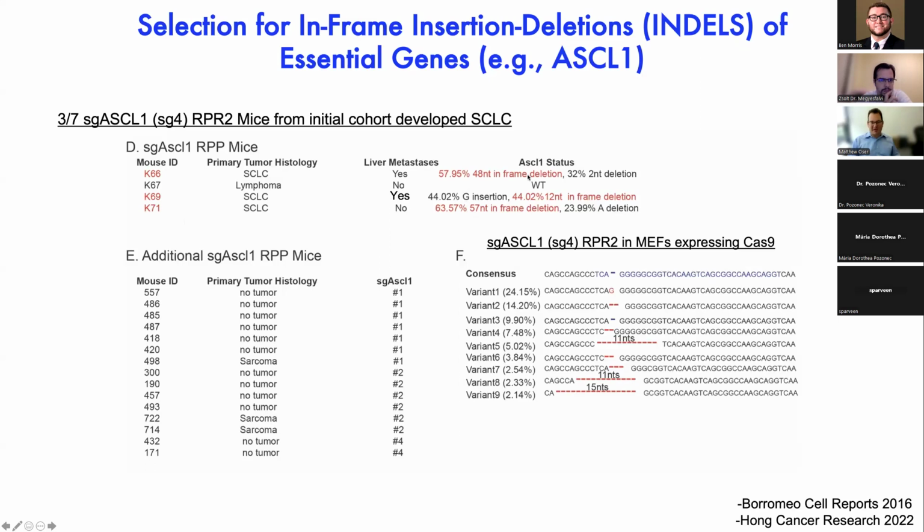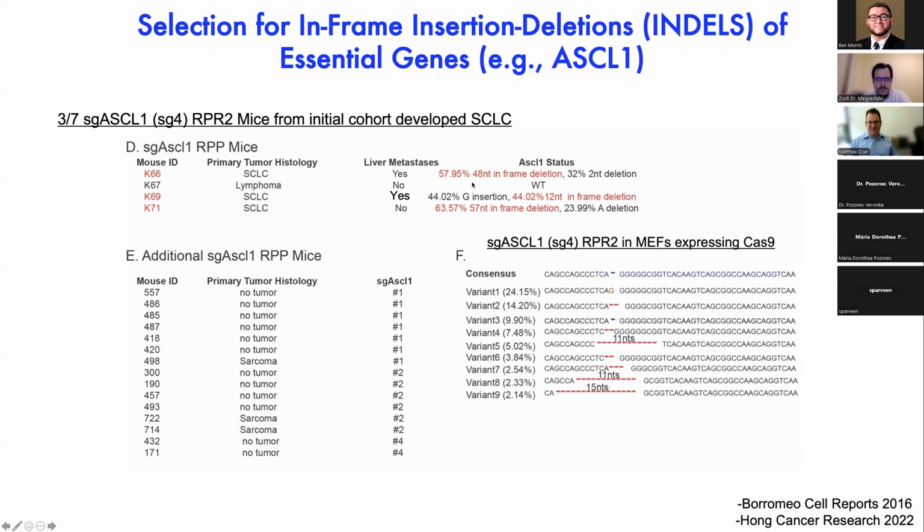But what we found in all the tumors that formed was either not small cell histology, or small cell histology where we get these very rare in-frame deletions that basically select for retaining ASCL1 function. With CRISPR, and this is why you get knockouts, the highest frequency event is a single nucleotide deletion or insertion, and in-frame deletions are incredibly rare.